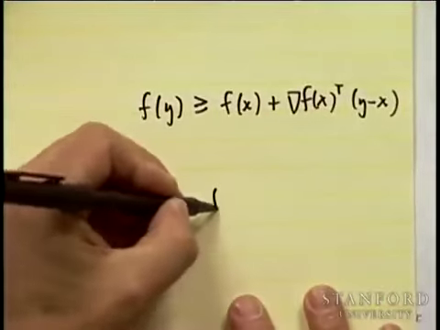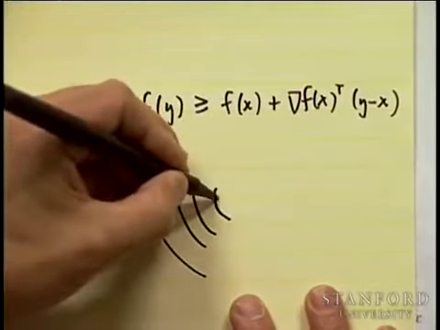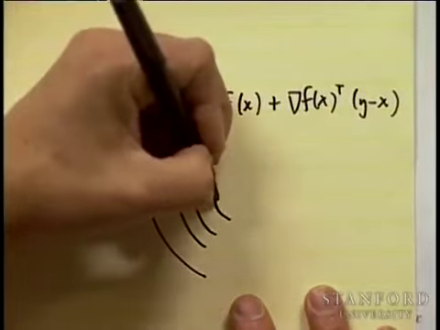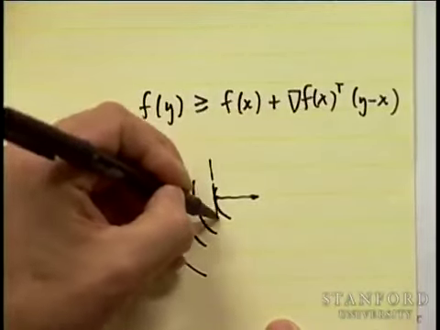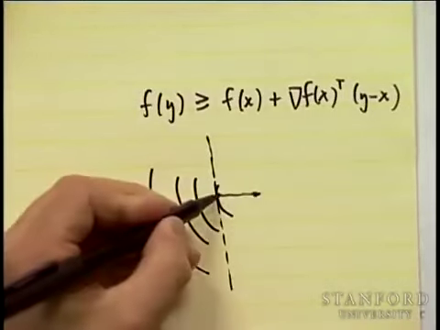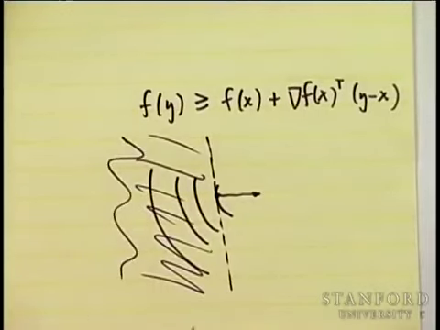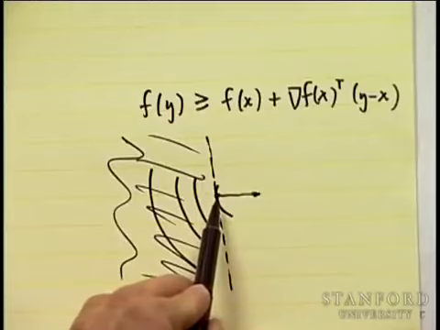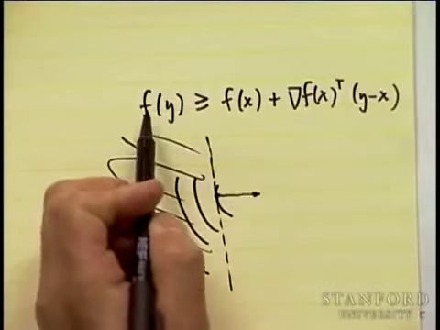So if these are the level curves of your function, and I evaluate it here, and the negative gradient points in that direction, and I draw this hyperplane like this, this inequality tells me something. It says that every point in this entire half space has a function value higher than the function value there. In particular, because if this is non-negative, then that's bigger than that.